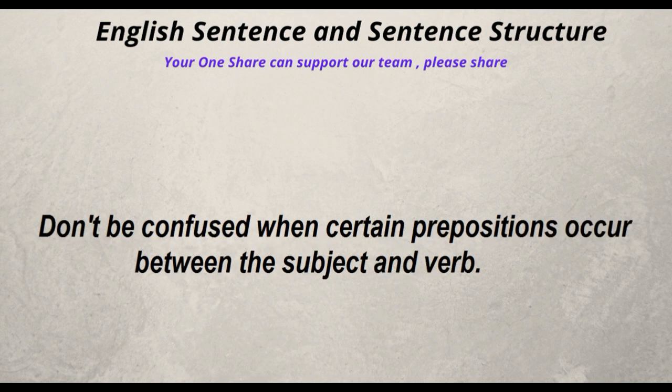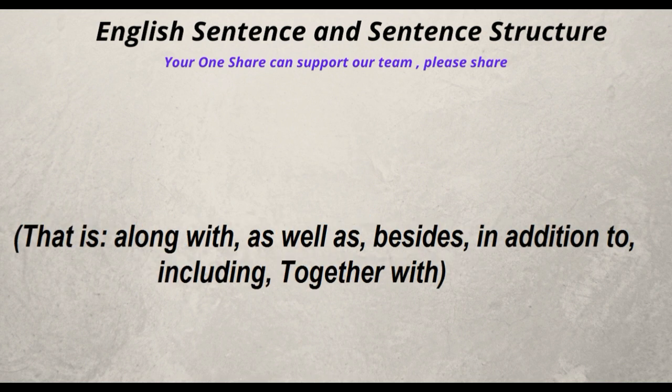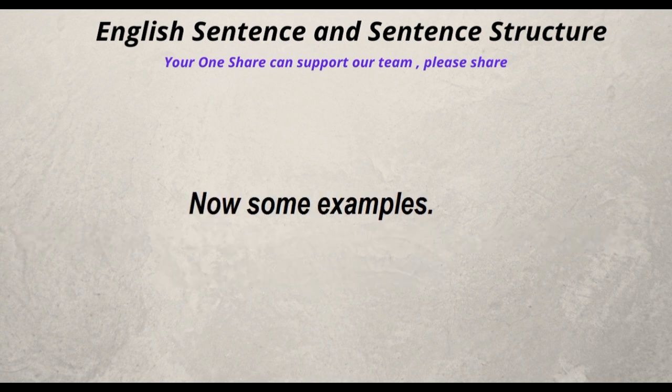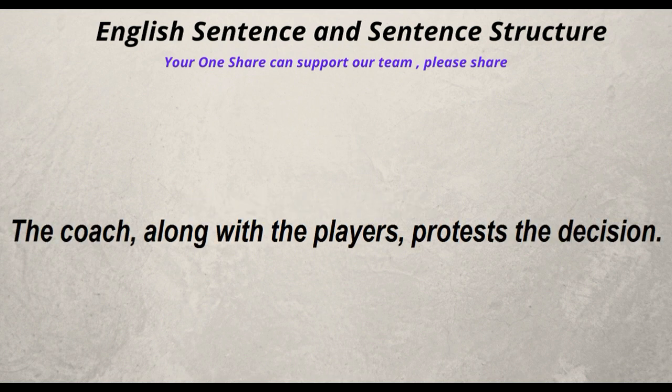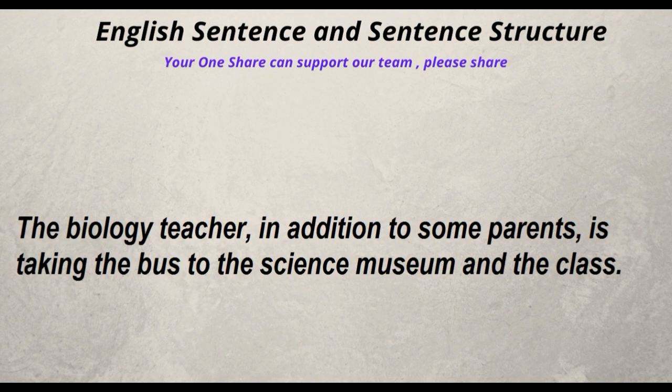Don't be confused when certain prepositions occur between the subject and verb. That is, along with, as well as, besides, in addition to, including, together with. Now, some examples. The coach, along with the players, protests the decision.